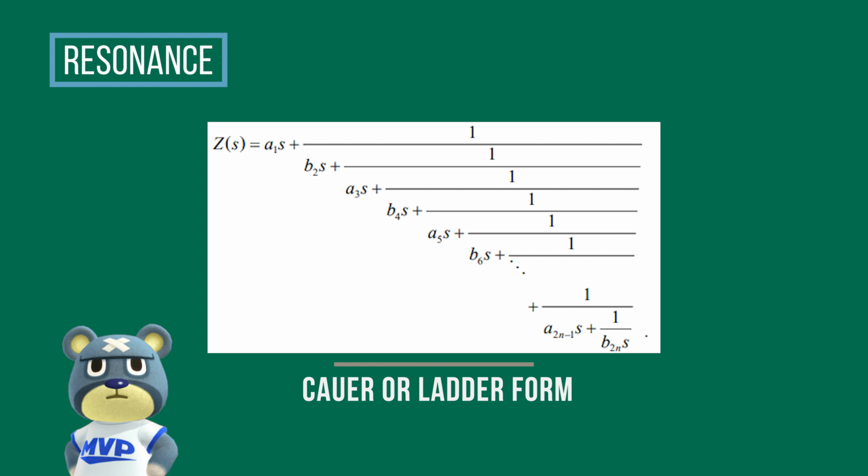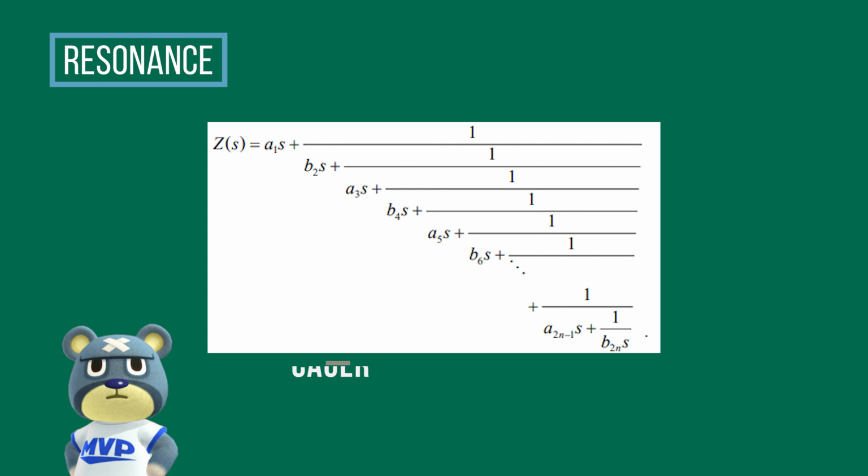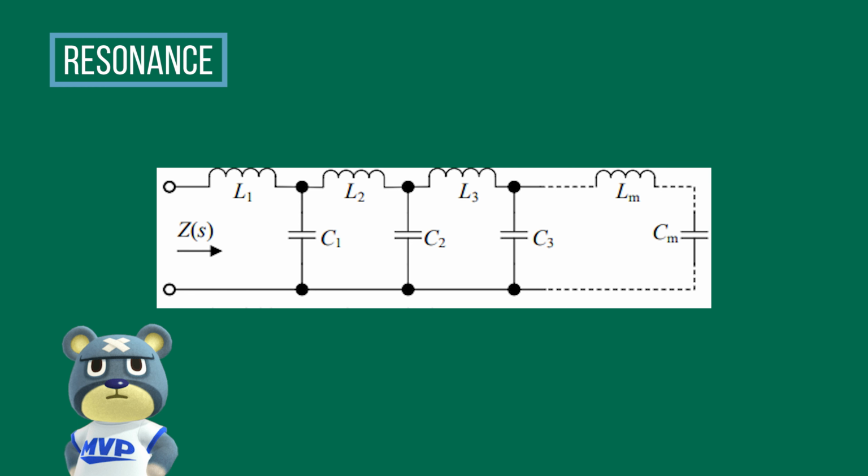Obviously, zk represents the reactance of a coil of inductance ak and yk the susceptance of a capacitor of capacitance bk. If we assign Lk equal to Ak and Ck equal to Bk, we get the ladder network shown in the figure, which is the realization of the ladder form for Zs.